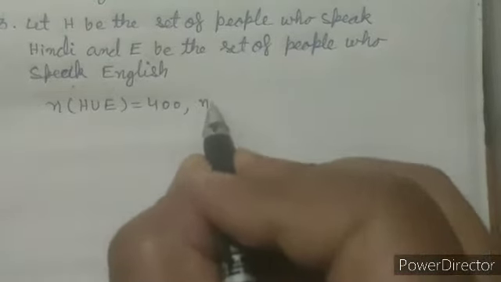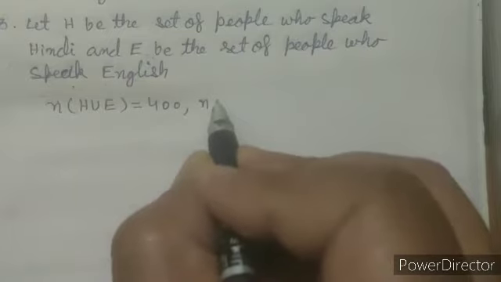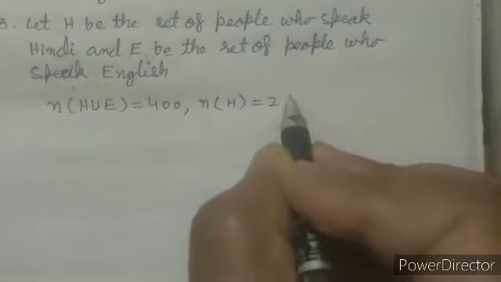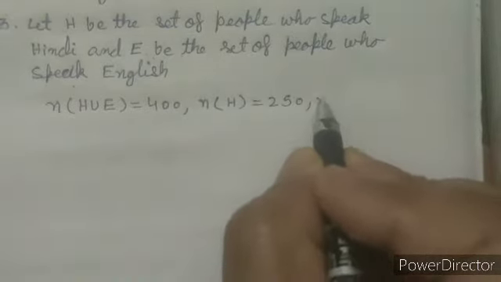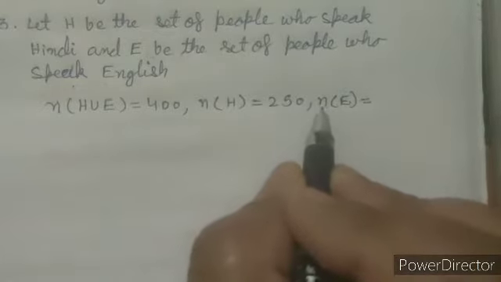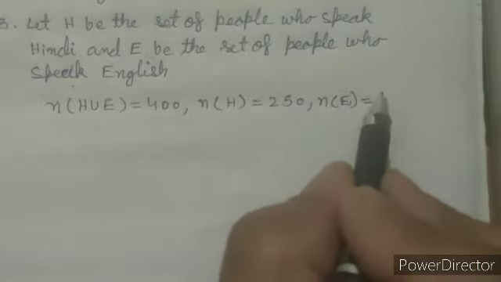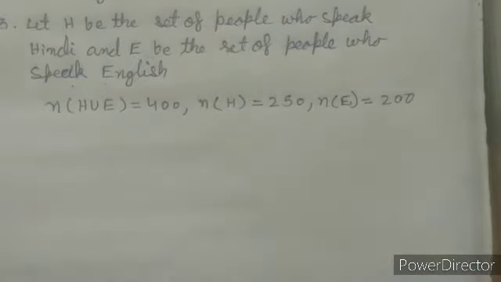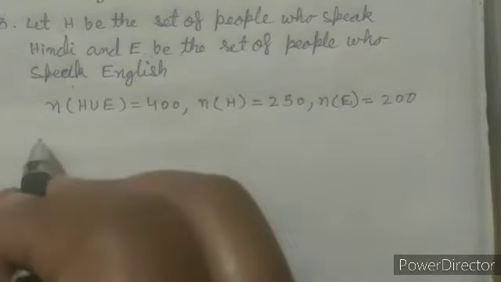Now, n(H), the number of people who can speak Hindi, is 250, and n(E), the number of people who can speak English, is 200. Now we have to find out how many people can speak both Hindi and English.